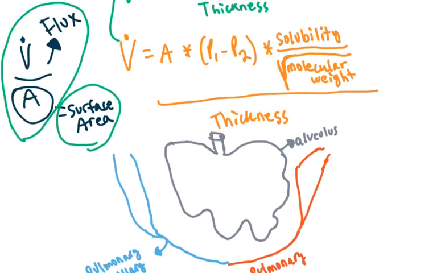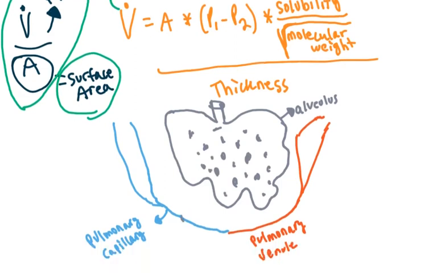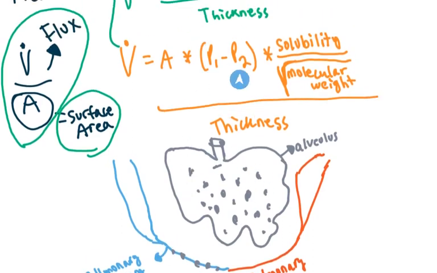All right, and so let's go and look at this now, the difference in pressure. If we put a bunch of oxygen here, because we have such a high partial pressure of oxygen in our alveoli and a low partial pressure of oxygen in our pulmonary capillaries, because of that huge pressure difference, this is going to be such a positive value.